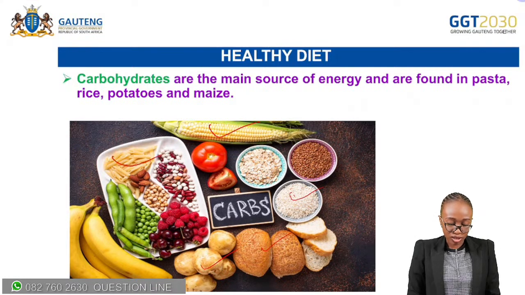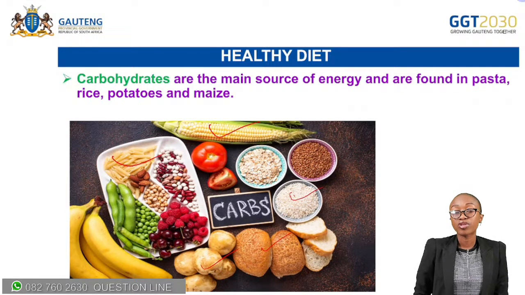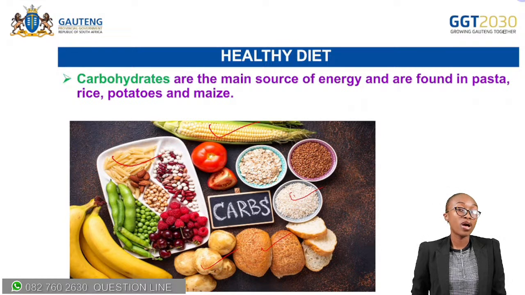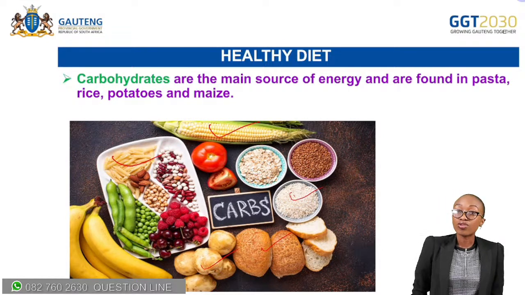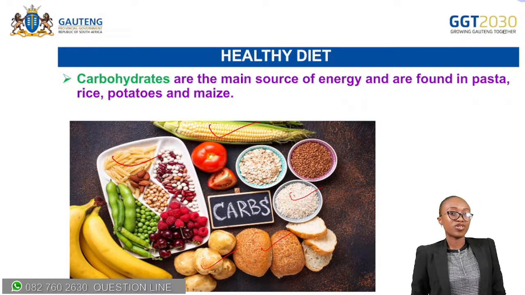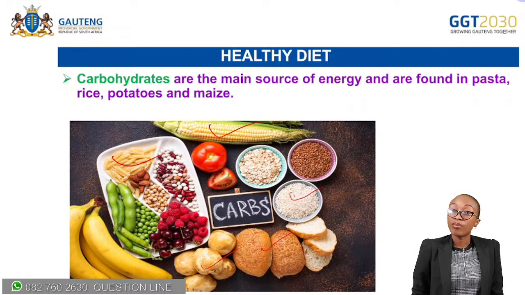We also have pasta amongst other foods. So we get our carbohydrates from these types of foods. So for you to get that energy, for you to wake up in the morning, walk to school, get to school, and learn and understand everything that is being taught, you need energy. So make sure you add carbohydrates to your diet.